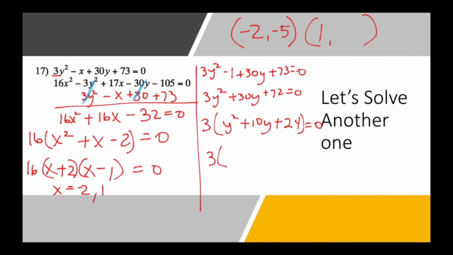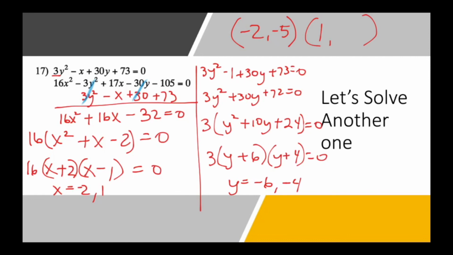We have 3. We have y squared, y and plus and plus. What multiplies to be 24? Well, 8 and 3, but that doesn't add to be 10. 6 and 4 does. So set that equal to 0, and y will equal negative 6. Set that one equal to 0, and y will equal negative 4.